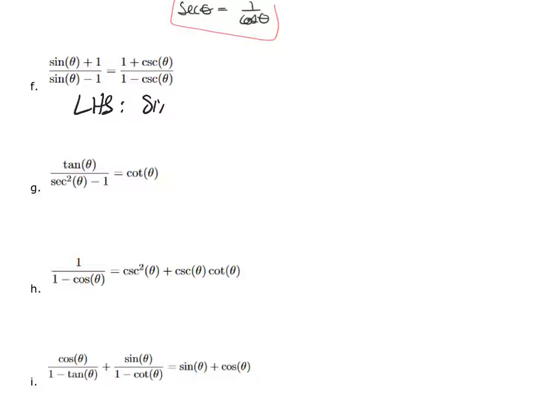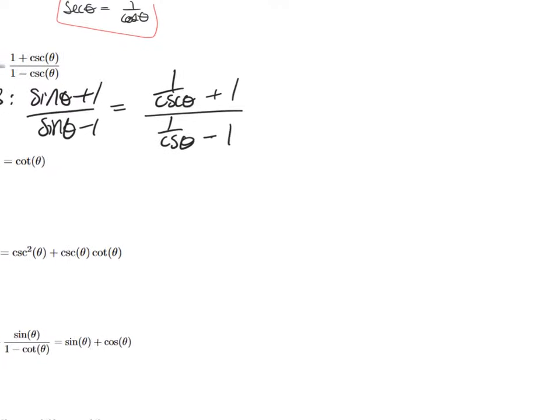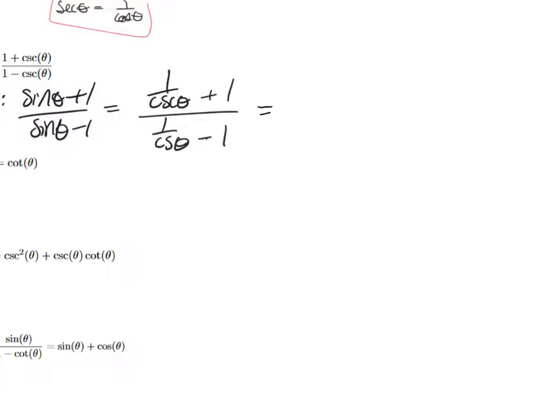So you have the sine theta plus 1, the sine theta minus 1. You wrote this as 1 over the cosecant of theta plus 1, 1 over the cosecant of theta minus 1, right? A numerator fraction, so to make the numerator the exact same fraction, you have to multiply it by 1 over 1 by cosecant.